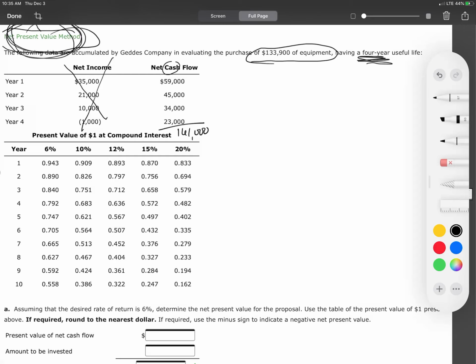But a smart person would say, wait a minute. $1 today is worth more than $1 in the future. That's right. So you have to analyze it using the time value of money concept and the net present value approach.